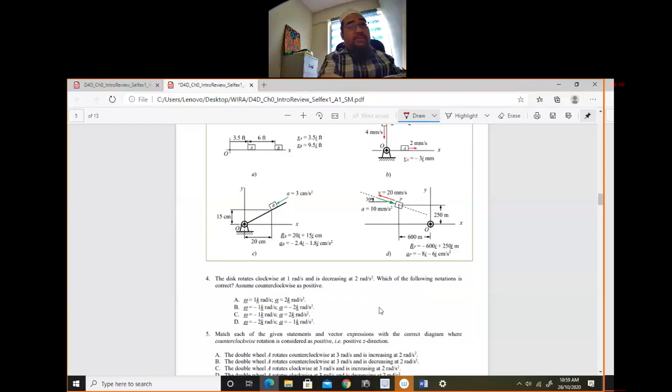Some of the notes here are that counterclockwise is positive, and clockwise is negative. There are a lot of things that you can extract from here.